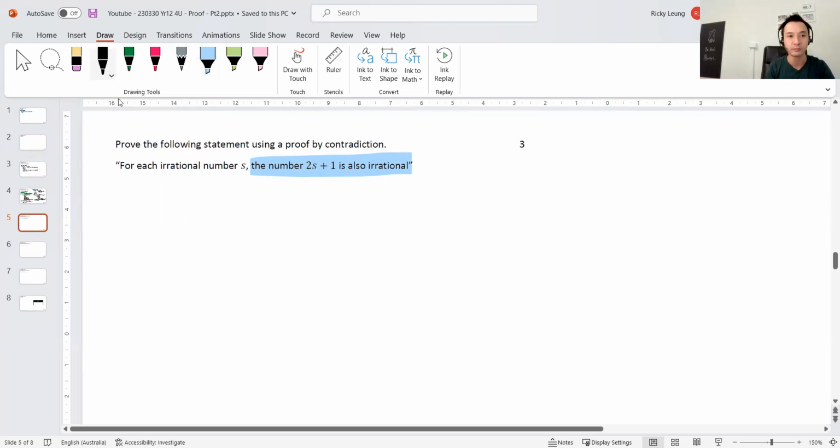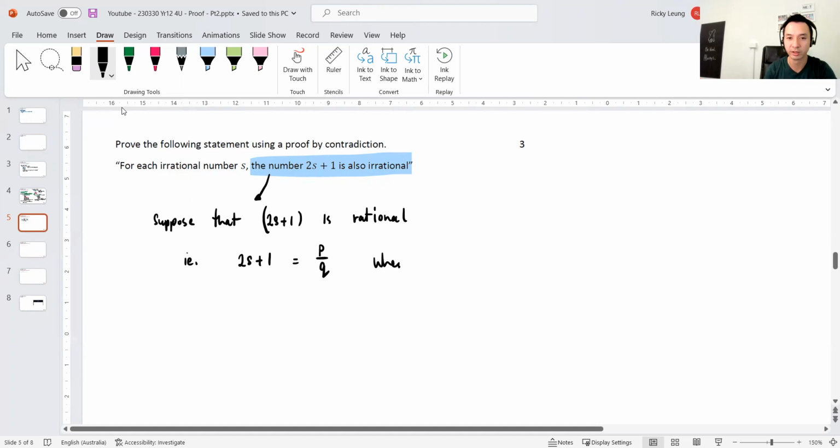So we start here, and suppose that 2S plus 1 as a number is rational. That is, 2S plus 1 equals, we've done this before, P on Q. I feel like I'm copying.